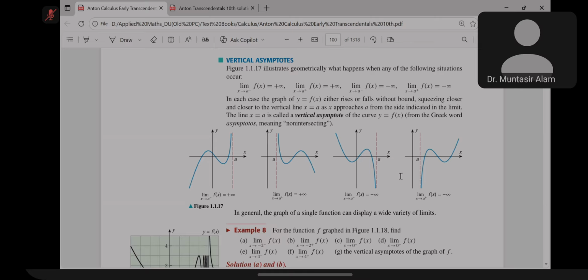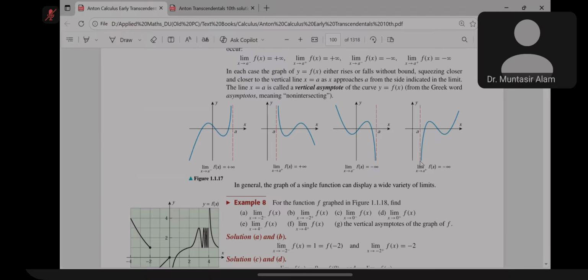So what does it mean? Vertical asymptote means a vertical line that gives a guideline for a curve. That means the curve will pass very closely to that vertical line, but it will never touch or intersect that line. Okay, so this is called vertical asymptotes.